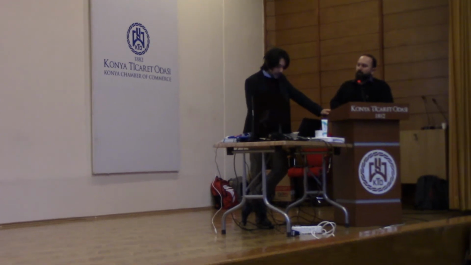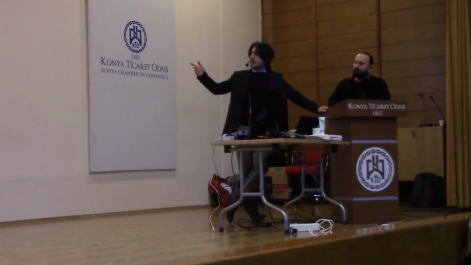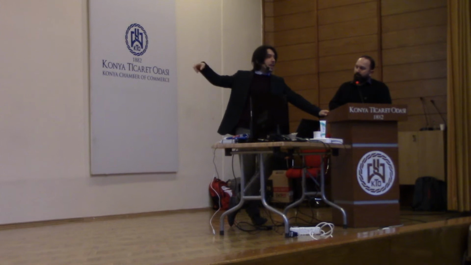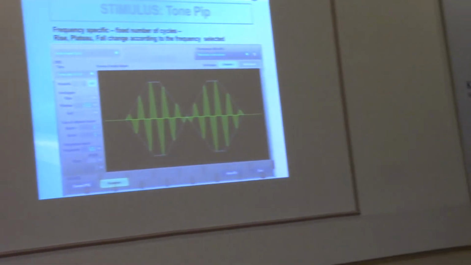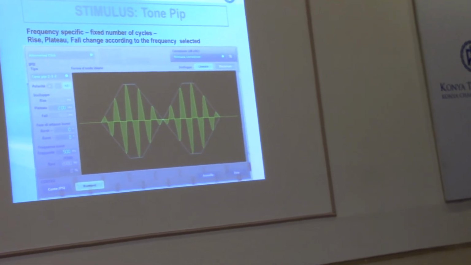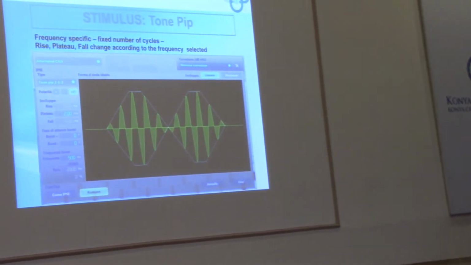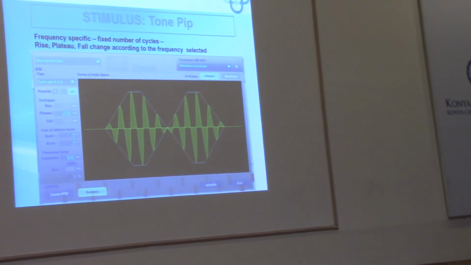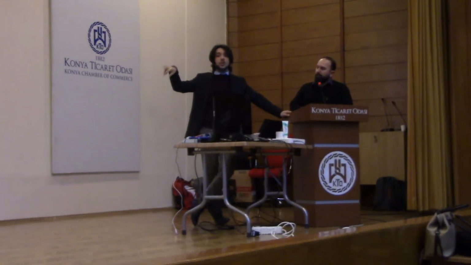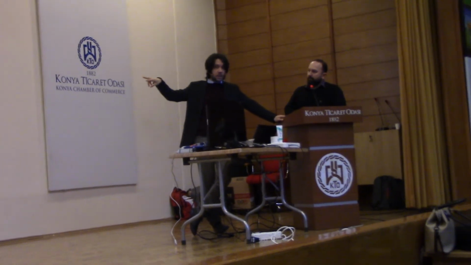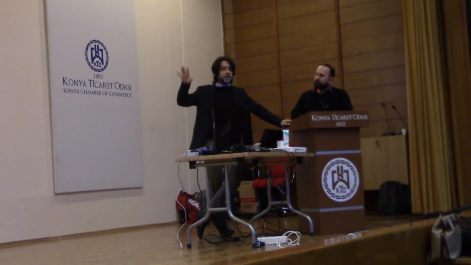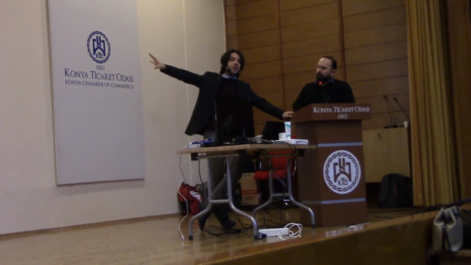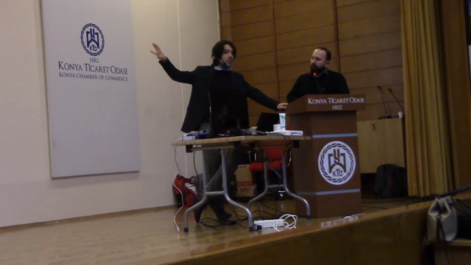Okay. In the tone pip, the difference is that I fix the number of cycles. So if I use tone pip and I say tone pip 212, I'm not saying anymore 2 milliseconds, 1 millisecond, 2 milliseconds, but I am saying 2 cycles on the rise, 1 cycle on the plateau, and 2 cycles on the fall. Okay, so it means that if I change the frequency of stimulation, the number of cycles inside that window should be the same, cannot change.